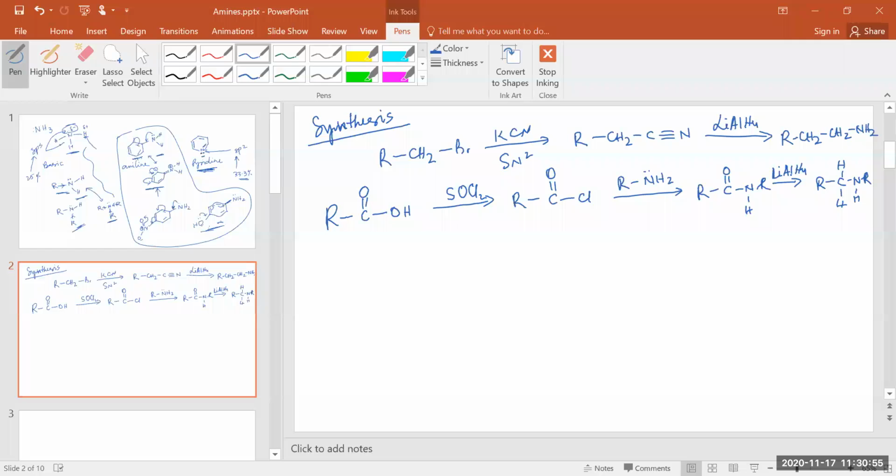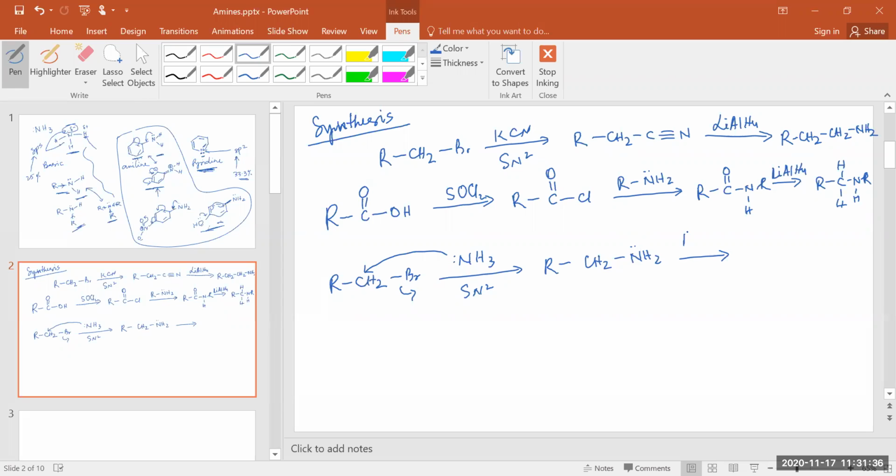Also, here you see, if you have alkyl halides and take just ammonia, what will happen? This is an SN2 reaction, and it will make a primary amine. But you know that primary amines are more basic, meaning more nucleophilic than ammonia.